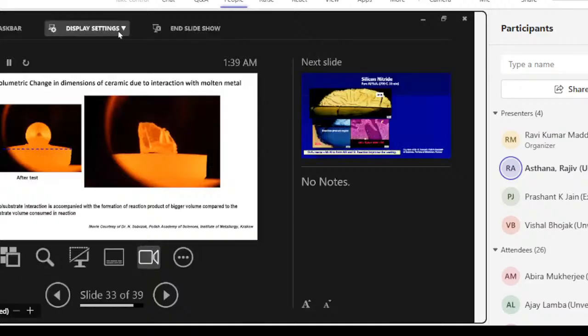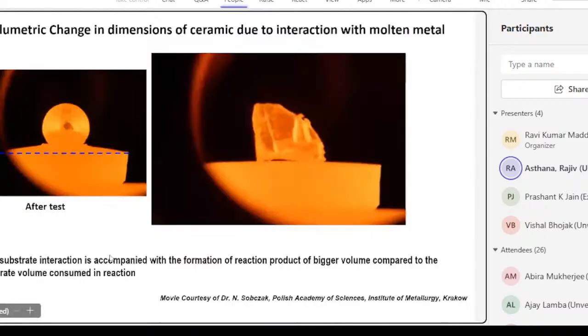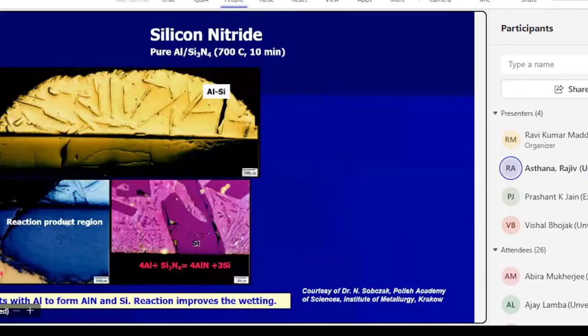By the way, silicon nitride is now being considered very much for high thermal conductivity applications, because silicon nitride among ceramics has a relatively good thermal conductivity. So when you have a silicon nitride substrate for thermal management applications, silicon nitride might have to be bonded to metals or polymers or other materials. So the interaction of silicon nitride with other materials is important.